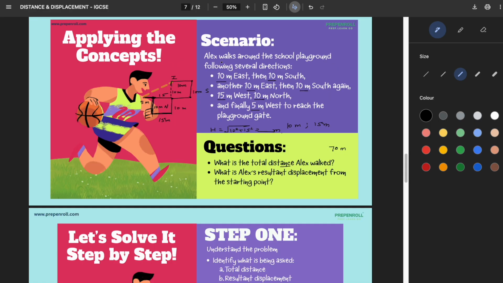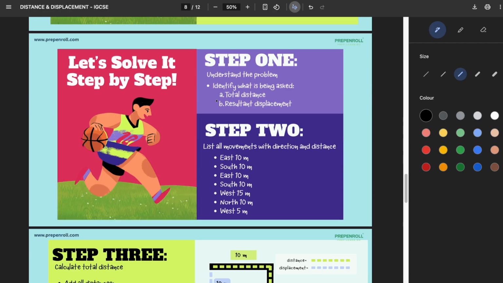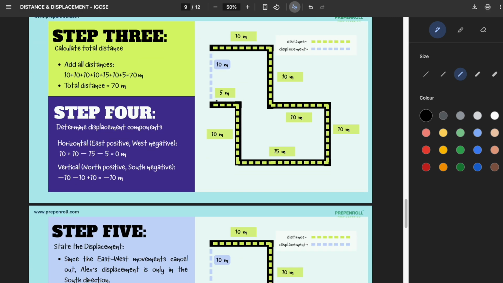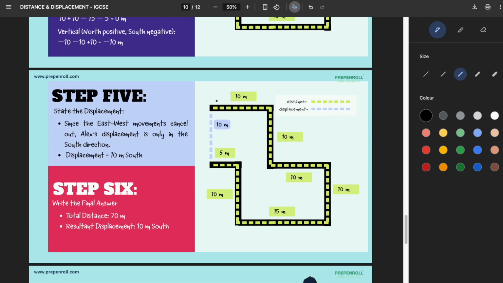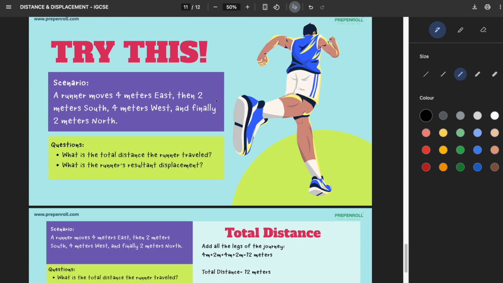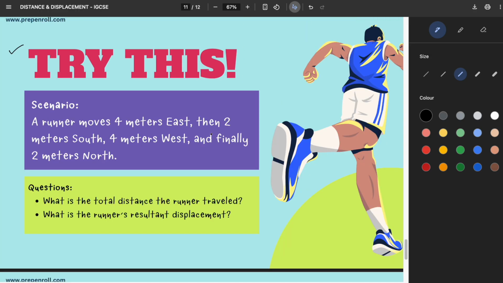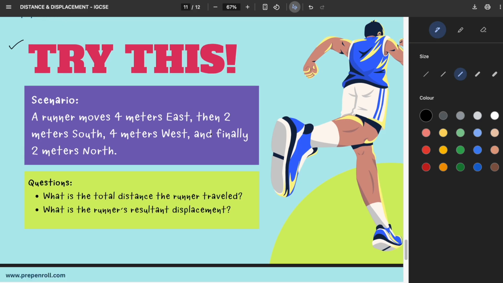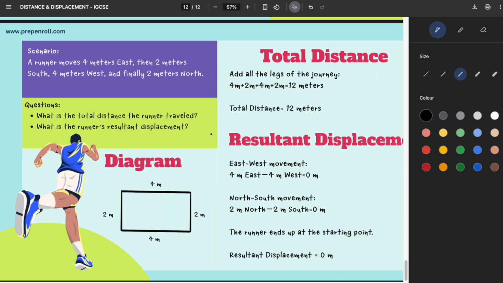This has already been solved here, so you can go through it. You can take a screenshot and try to solve this question: what is the total distance and what is the resultant displacement? There is an answer to it.